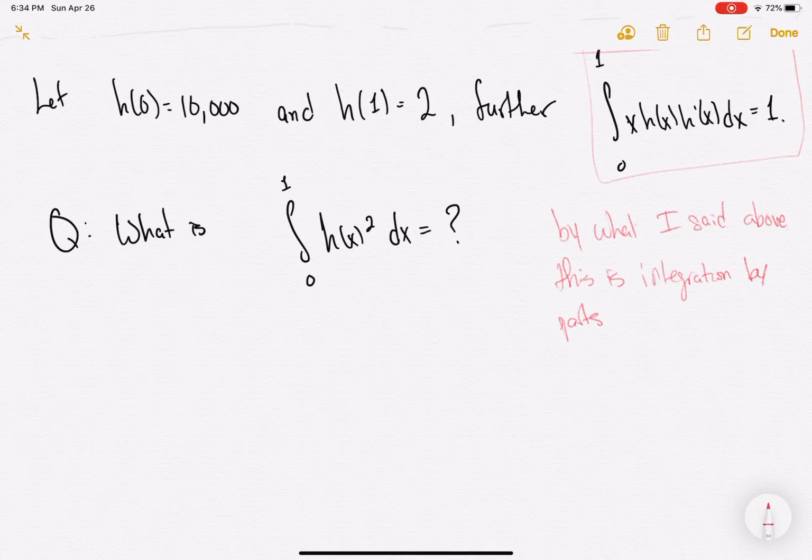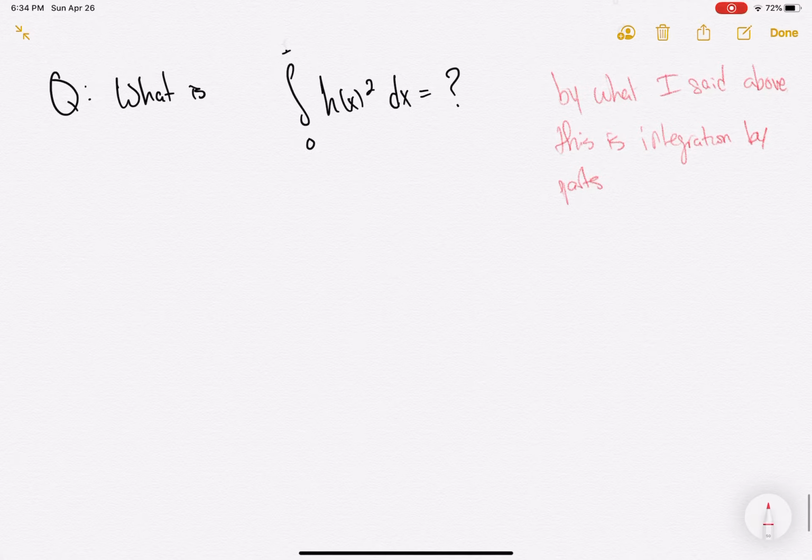And keep in mind, if I don't give you a piece like this, that doesn't mean it's not integration by parts. So I'll say it's not necessarily not integration by parts.